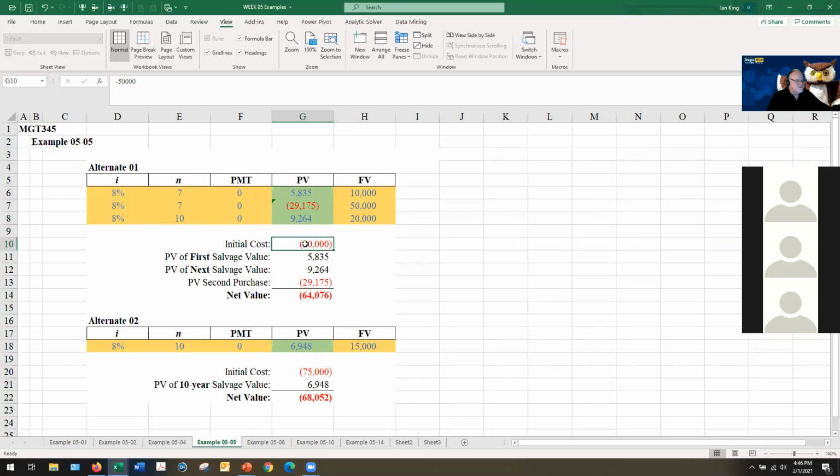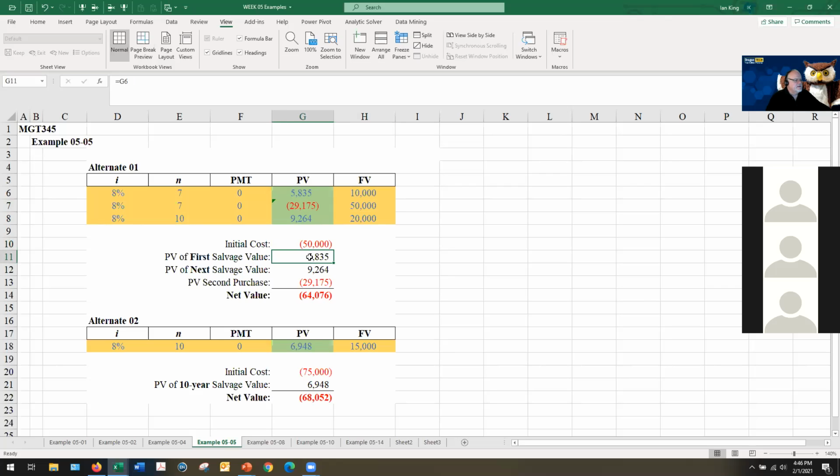The one that drives people crazy the most is this alternative one, because you need a 10-year study period. You have a 7-year machine, so you can't make the machine go to 10 years. You have to buy a second machine. At the end of that 7-year period, you're going to buy a new machine for $50,000, just like the $50,000 you paid here.